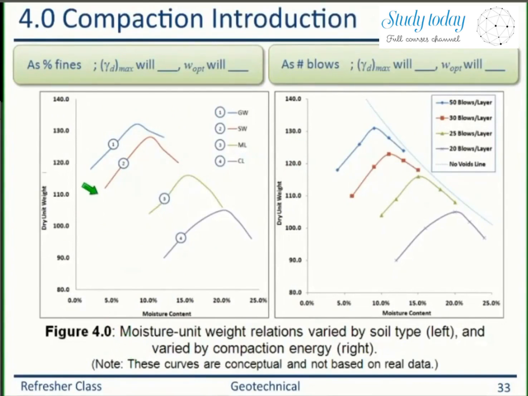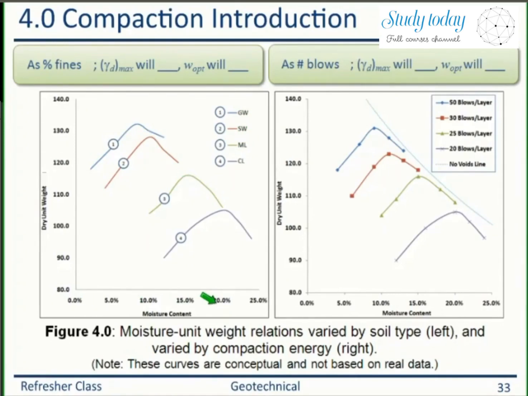When we talk about compaction, we are comparing everything in terms of dry unit weight, or gamma D. This is a plot showing the relations of different types of soil, such as well-graded gravel, well-graded sand, low plastic silt, and low plastic clay, as given here, with respect to the moisture content.